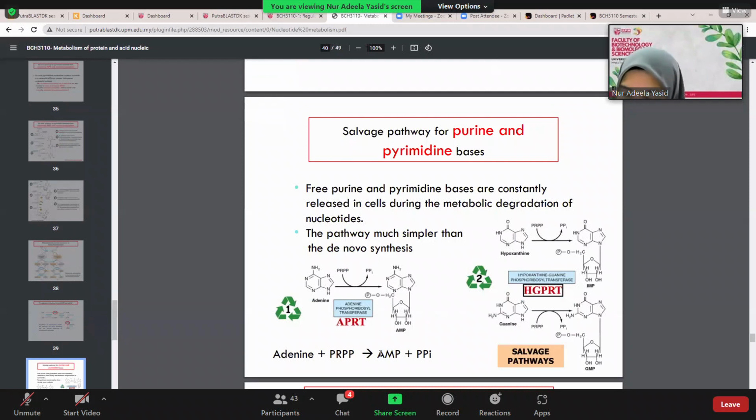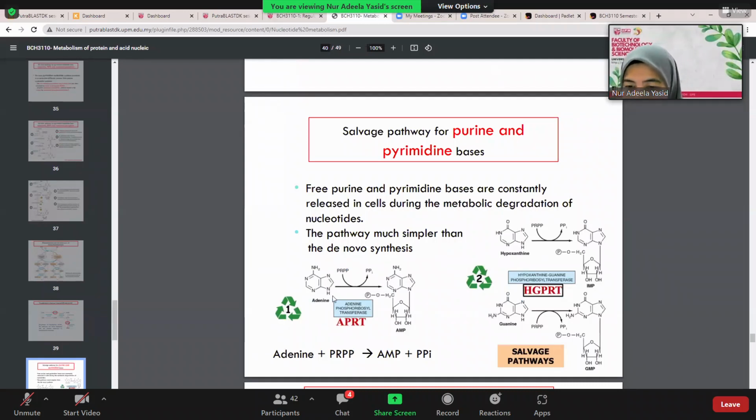Biasanya kalau turnover RNA dia akan release lah this kind of bases. Macam saya mention tadi, adenine, guanine, hypoxanthine. So in mammals, purines are mostly salvaged by two different enzymes.